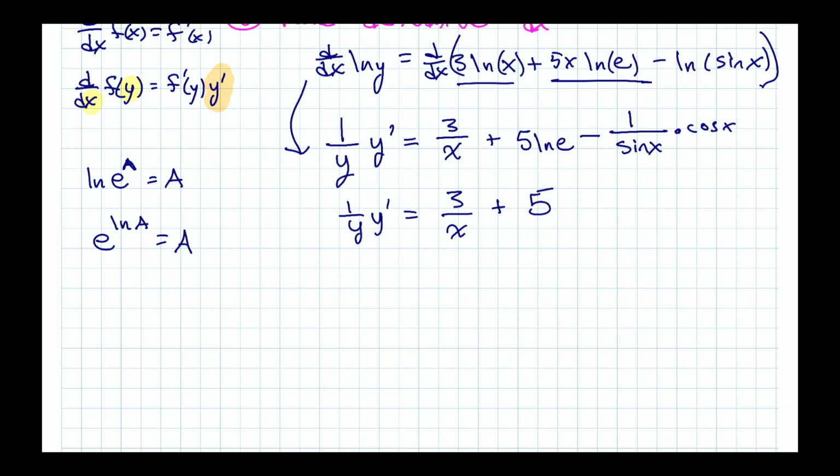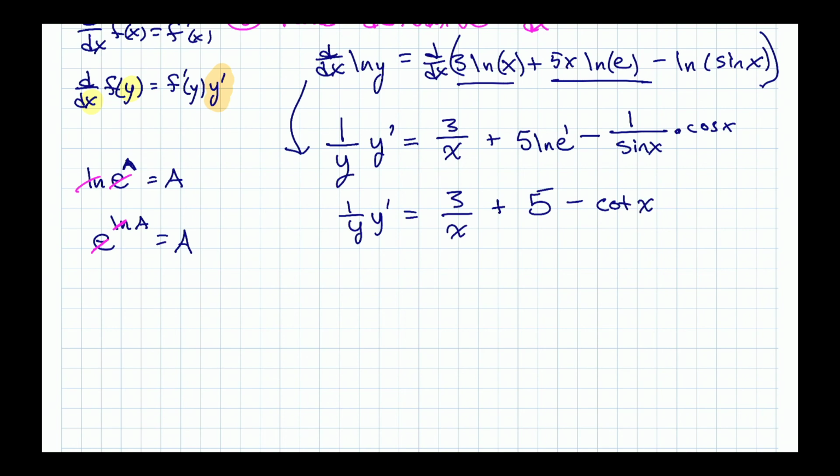The point being that the exponential and the natural log cancel out when you compose them because they're inverses of each other. So when you do ln e to the 1, it's just 1. So that's 5 times 1, which is 5. And then here, just like last time, cosine over sine was a cotangent. Okay?